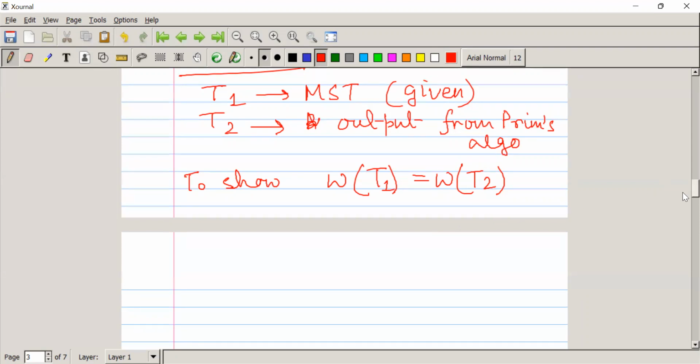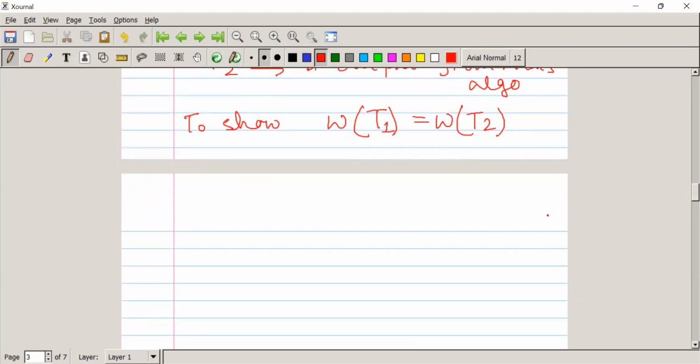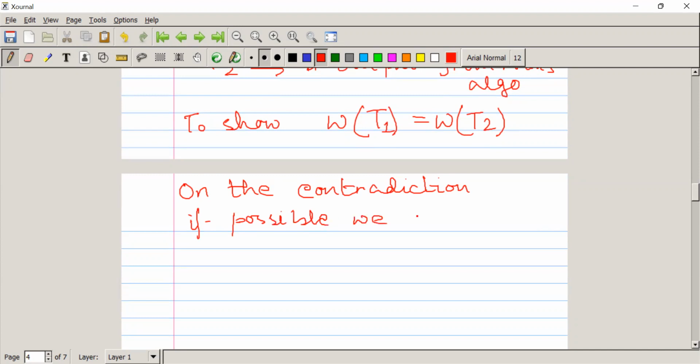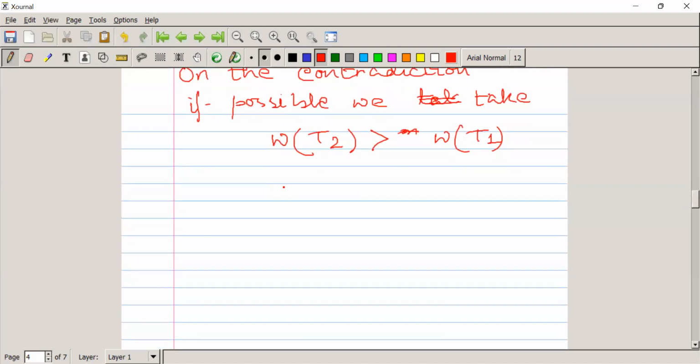So on the contrary, suppose the weight of T2 is greater than the weight of T1. We already know that T2 is a spanning tree.